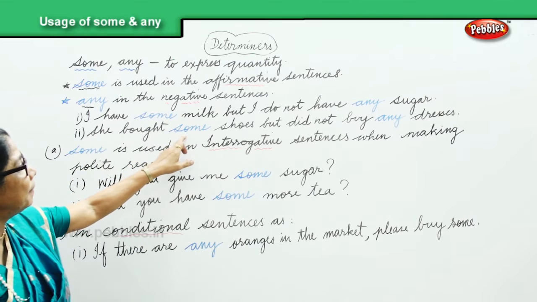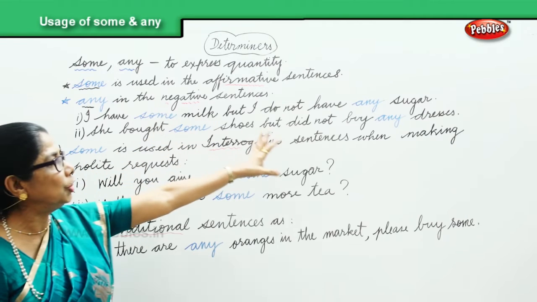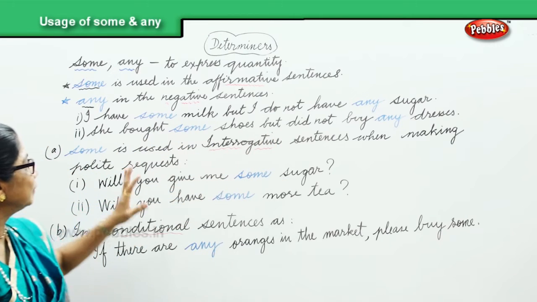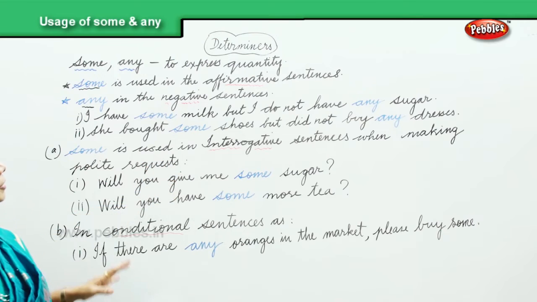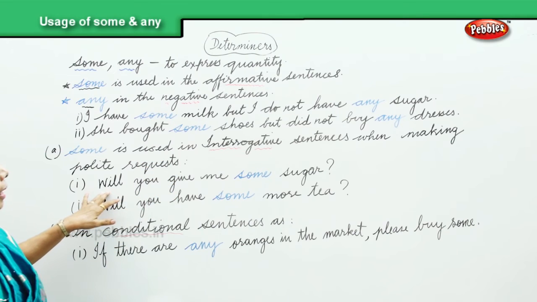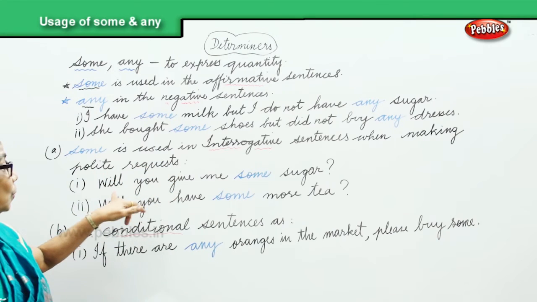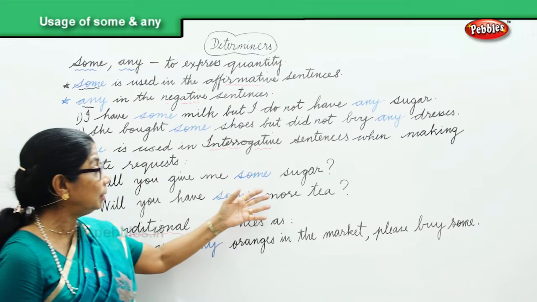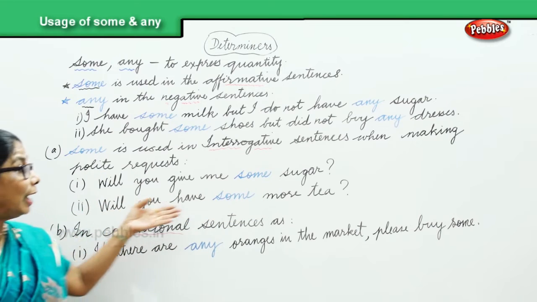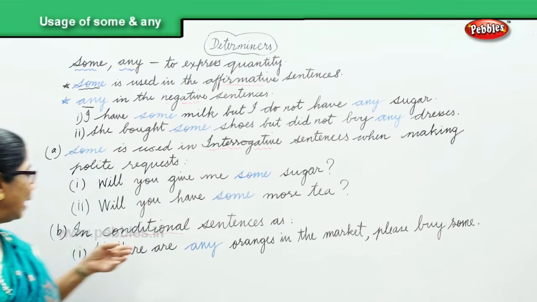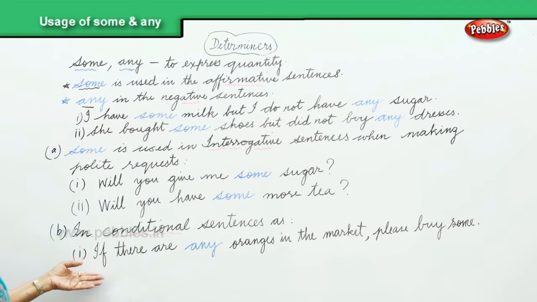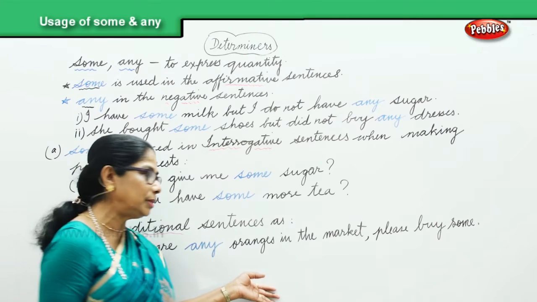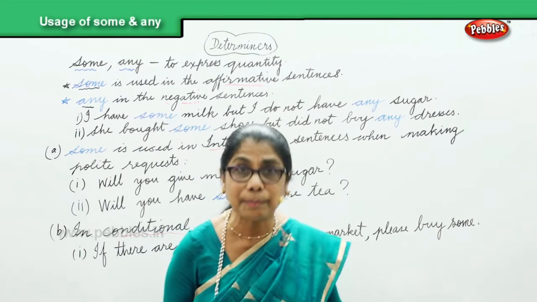She bought some shoes, but she did not buy any dress. Some is used in the interrogative sentence when making a polite request. Will you give me some sugar? Will you have some more tea? And in the conditional sentence, if there are any oranges in the market, please buy some.